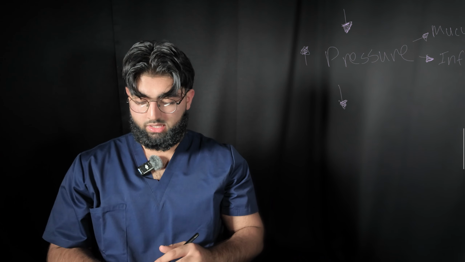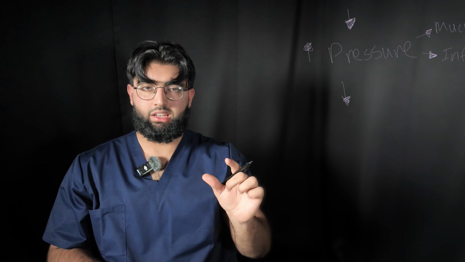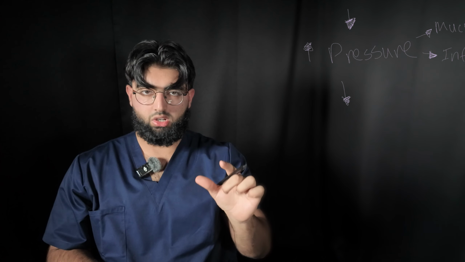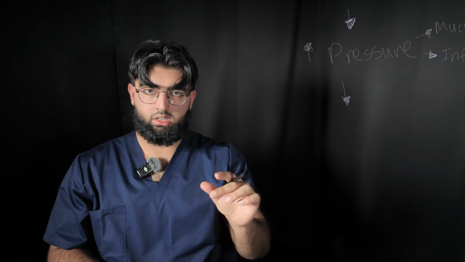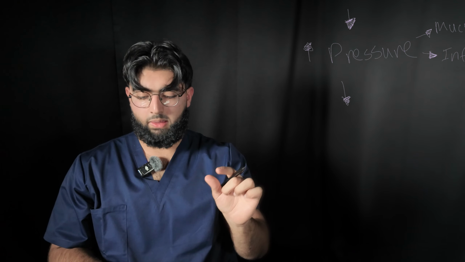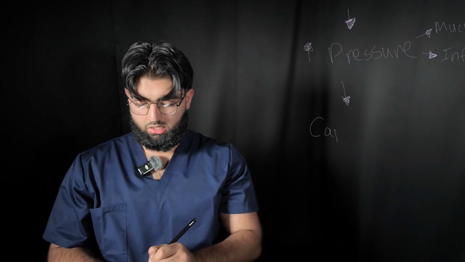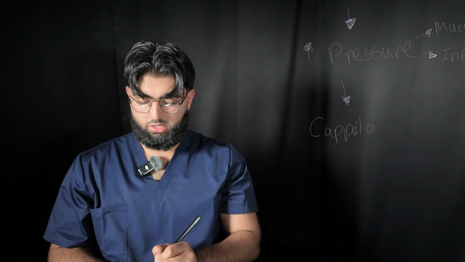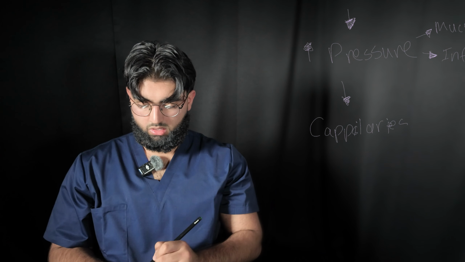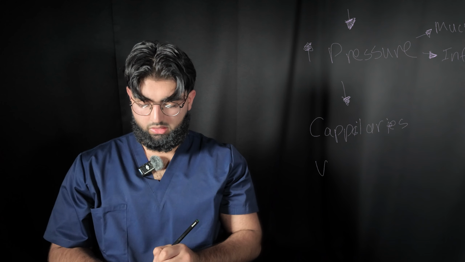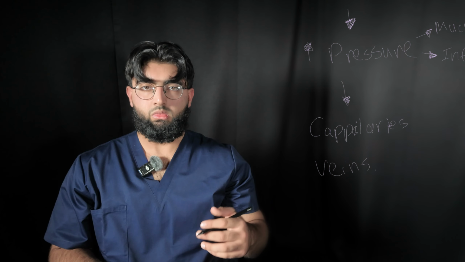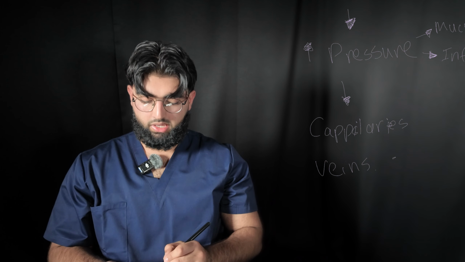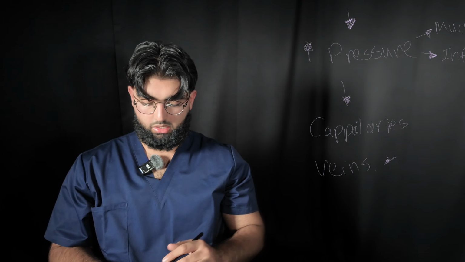When there is an increase in pressure, it exerts pressure on the vessels of the appendix wall, namely the capillaries and veins, the veins being the main one here that we need to understand.